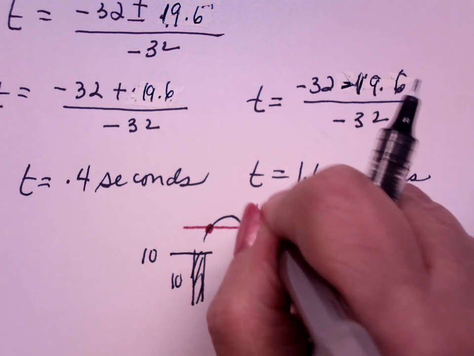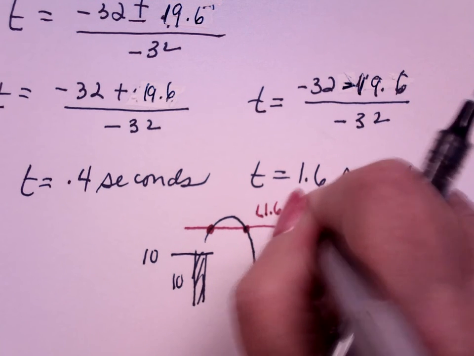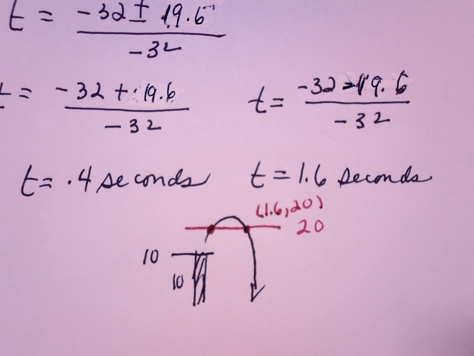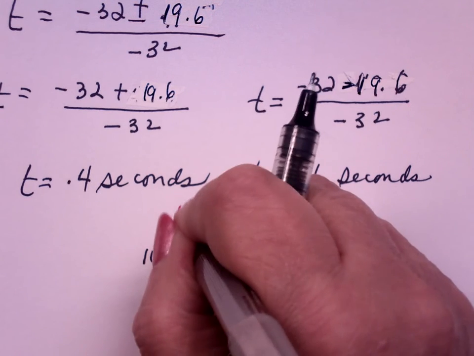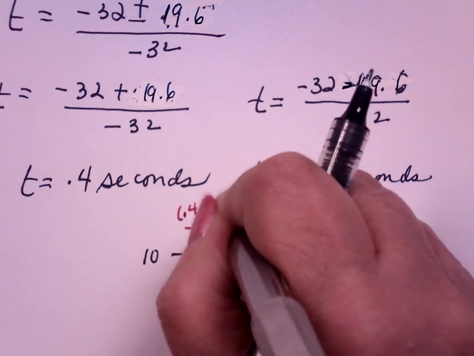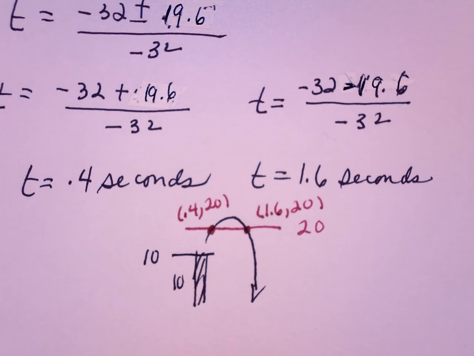One is 1.6 comma 20, and one is 0.4 comma 20. So it hits twice, once going up and once coming down. The x value is the time, the y value is the height. Time, comma, height.